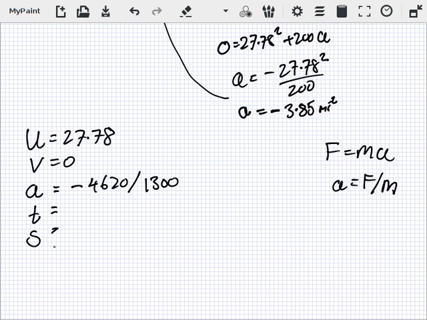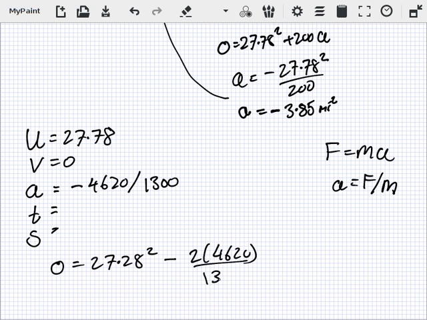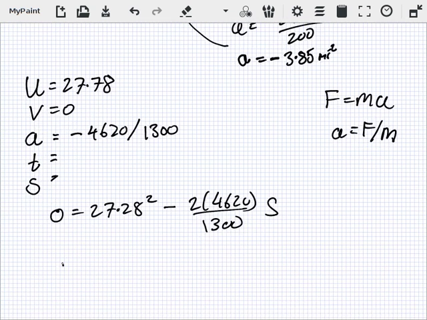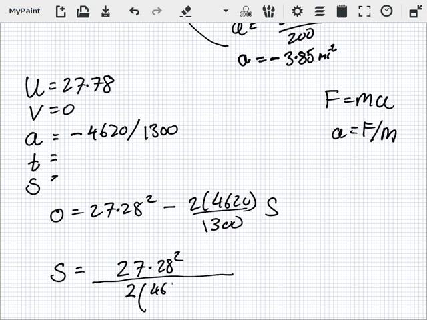The S. What best gives me the S? V squared equals U squared plus 2AS. So finally, the S would be 27.78 squared all over 2 times 4620 over 1300. Now, let's see what that is.